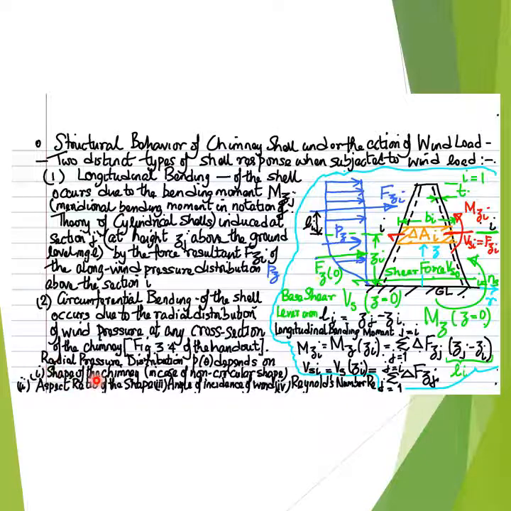One, that is Roman numeral 1, the shape of the chimney.